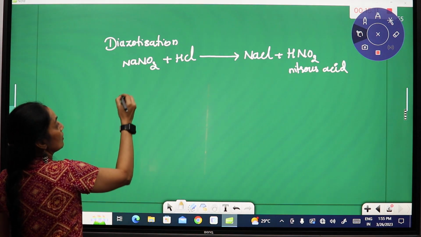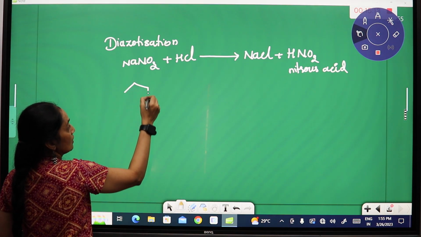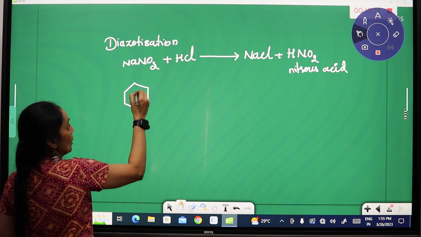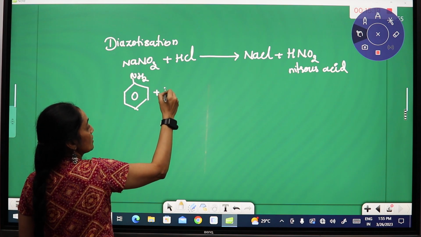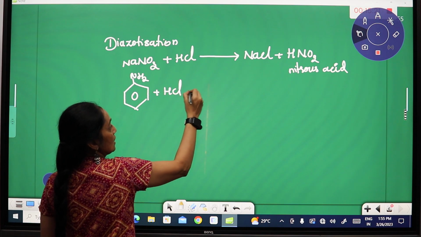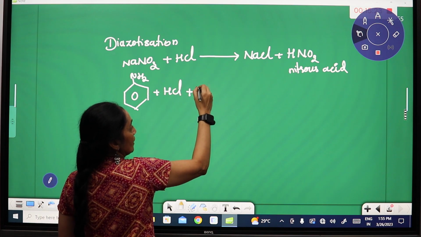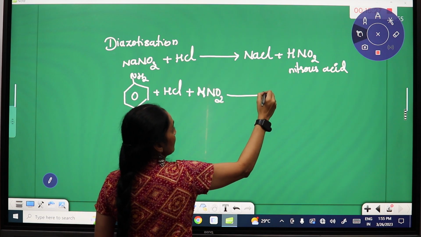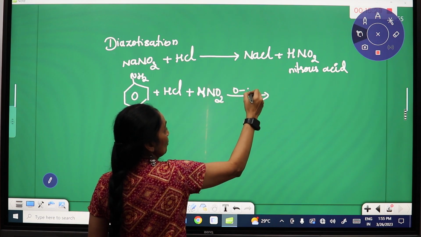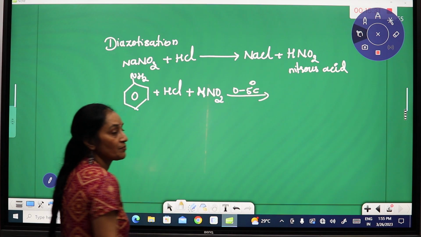Now, we are going to take aniline, an organic compound, C6H5NH2, and dissolve this in HCl and HNO2. The temperature you are going to maintain is between 0 to 5 degrees Celsius.